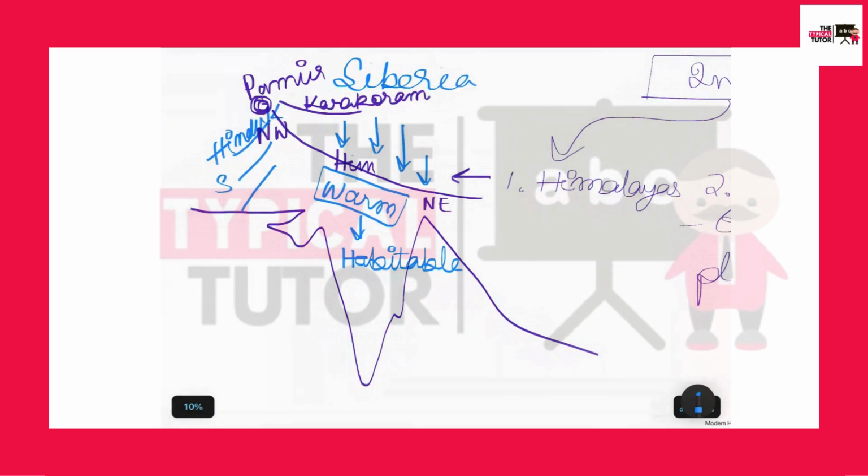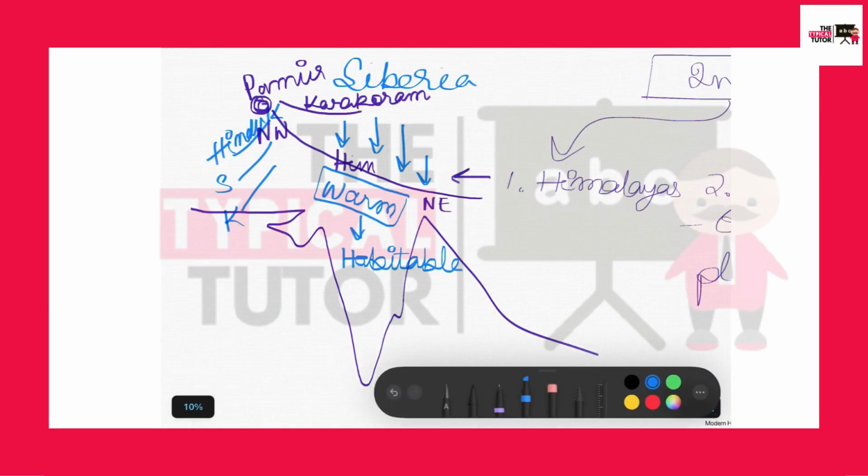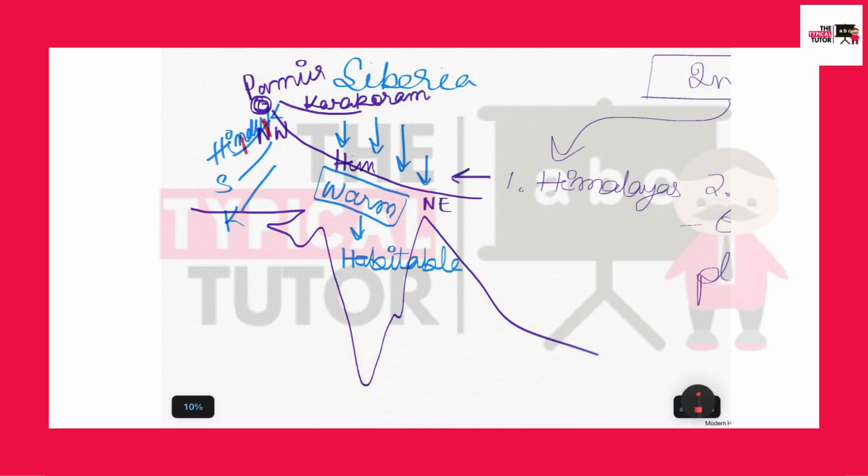Second is the Suleiman range, then you have the Kirthar ranges. In these mountain ranges, there are certain mountain passes. In the Hindu Kush, there is the Khyber and the Khurram pass. In the Suleiman, there are the Golan and the Bolan passes.